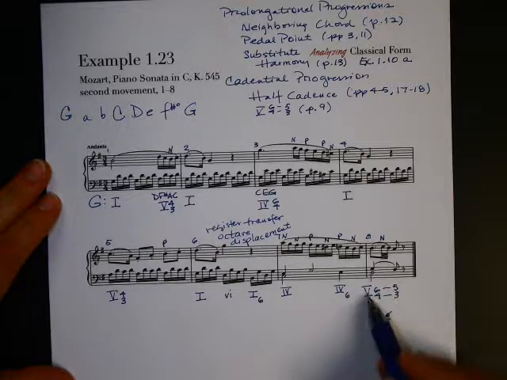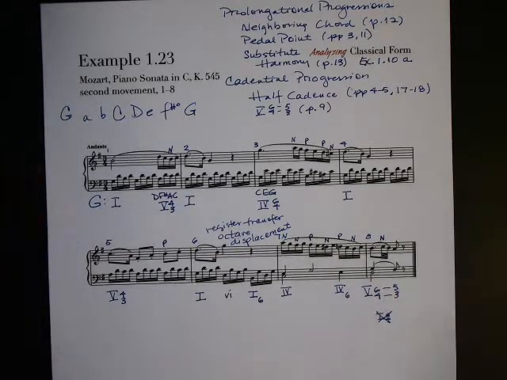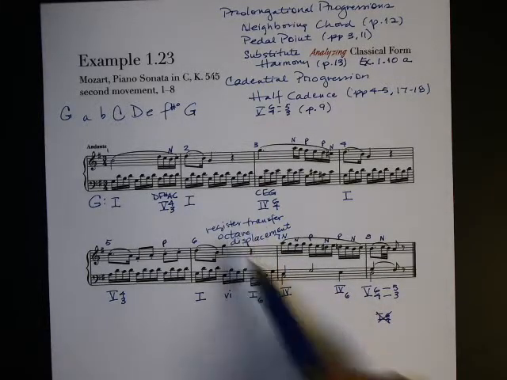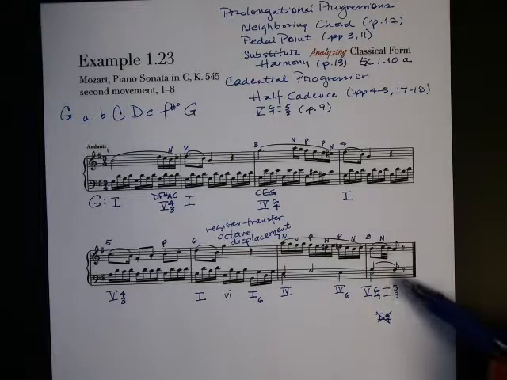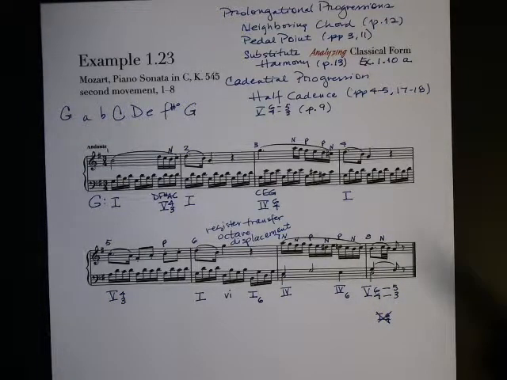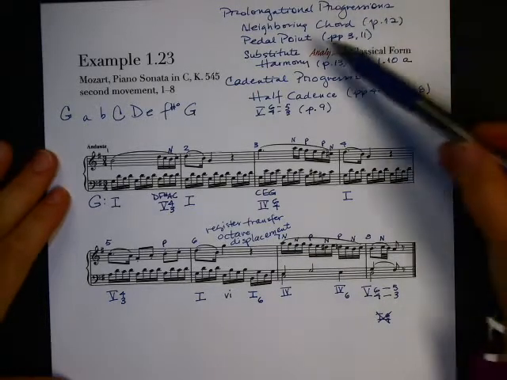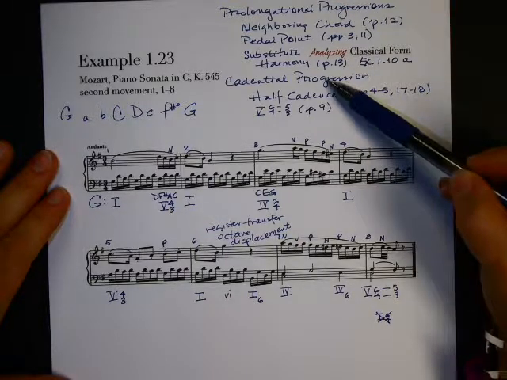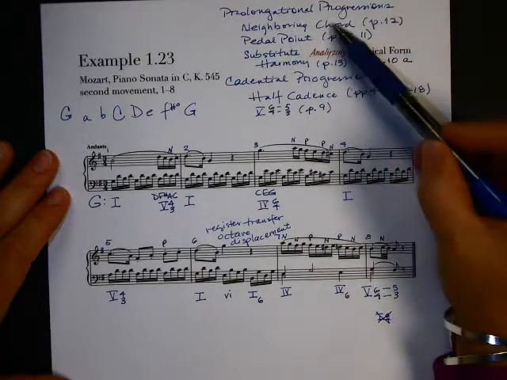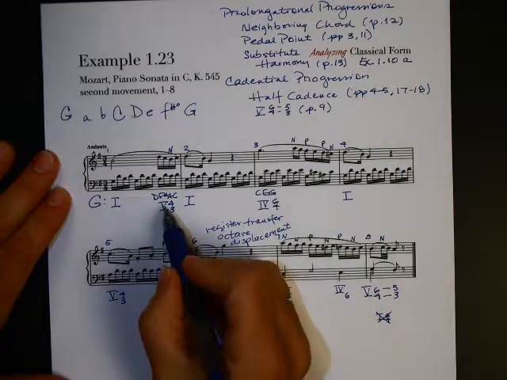So this is a traditional Roman numeral analysis. We've talked about register transfer, octave displacement. We've talked about our cadential 6-4 resolving to a root position dominant chord. Now let's go back and locate the 3 prolongational progressions as well as look at the cadential progression. The neighboring chord occurs in measure 1 on beat 3.